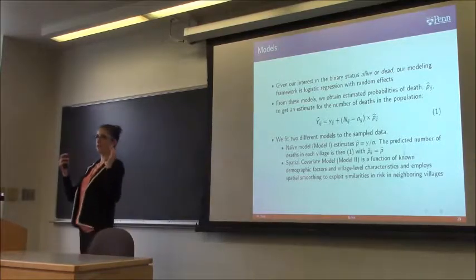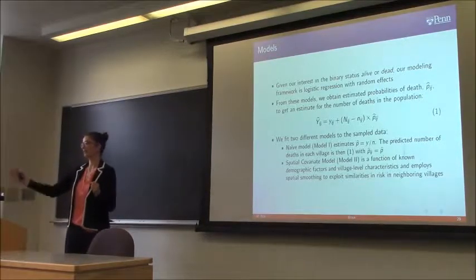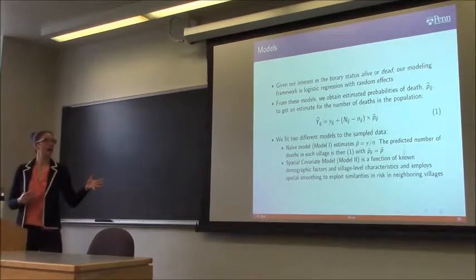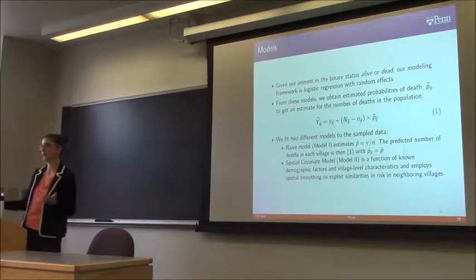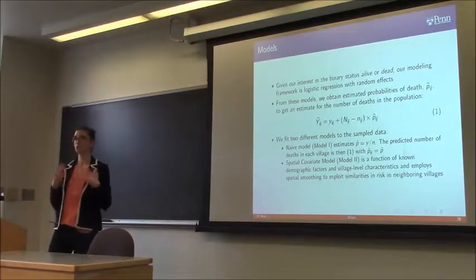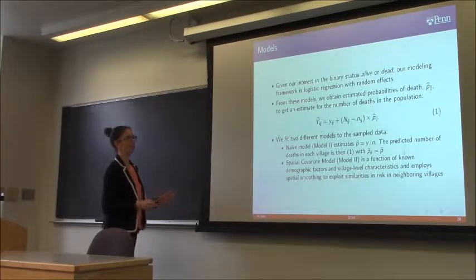So this will be, is there an association between your status and your SES in the village? Or between your alive or dead status and your proximity to a water source, something like that. And the way we test those associations is through modeling. So don't worry too much about what that means, just know that I'm doing this.